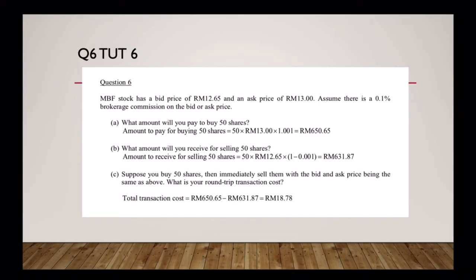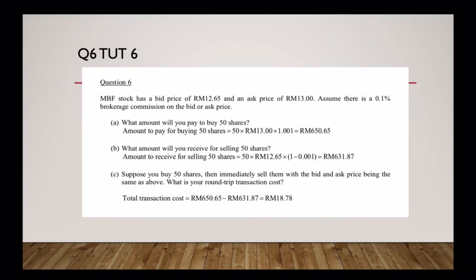For the first part, this is similar to a currency exchange. For example, if you want to buy 50 USD, you have to pay a certain amount. So, the amount to pay for buying 50 shares is 50 times your ask price. You're using the ask price since you are buying something.